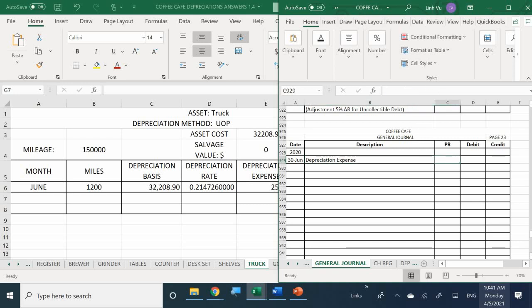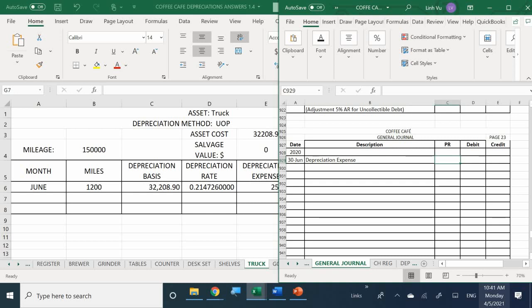The depreciation expense isn't broken down to particular items. It's just one general category. So all of these items that we depreciate are all going to go to the same account, so we could just put the main account there and list out all the depreciations that we calculated for every single asset.